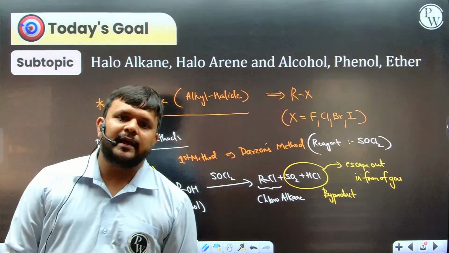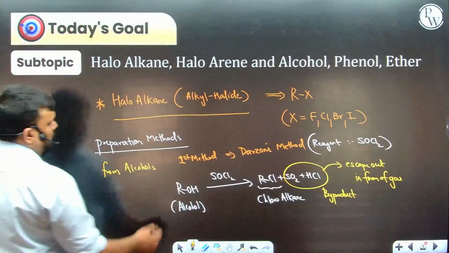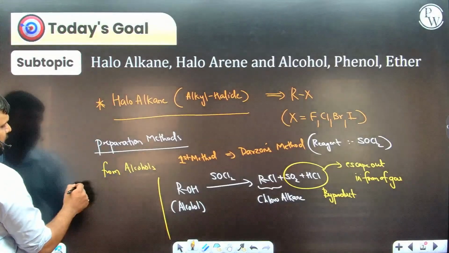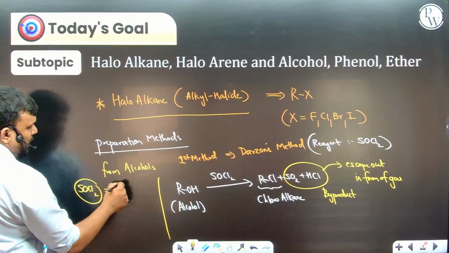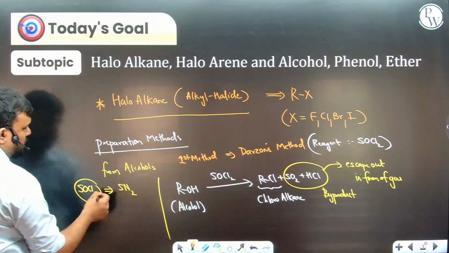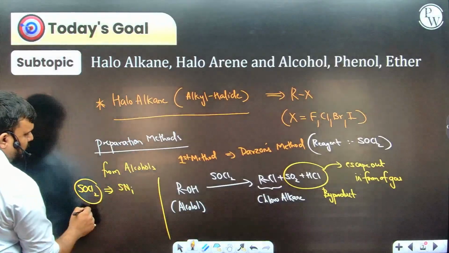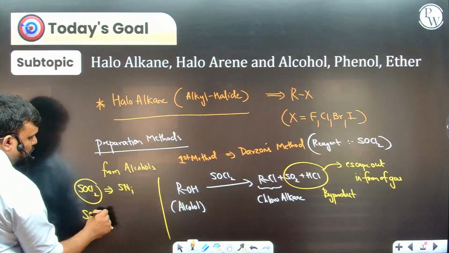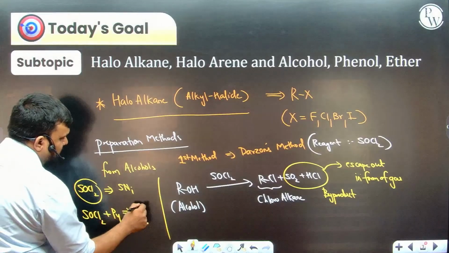The reagent is SOCl2. One more point I want to highlight. If only SOCl2 is given, it will follow the SNi reaction, and along with SOCl2, if pyridine is taken, then it will follow the SN2 reaction.